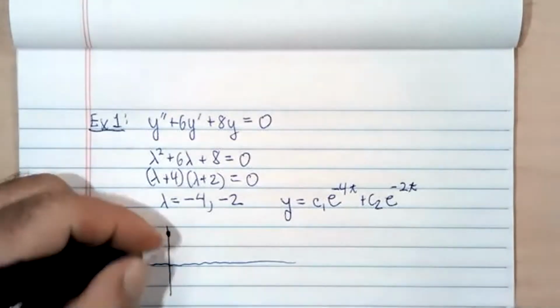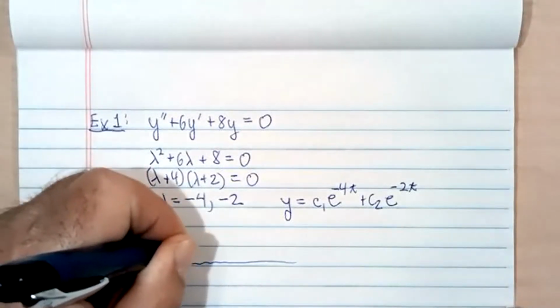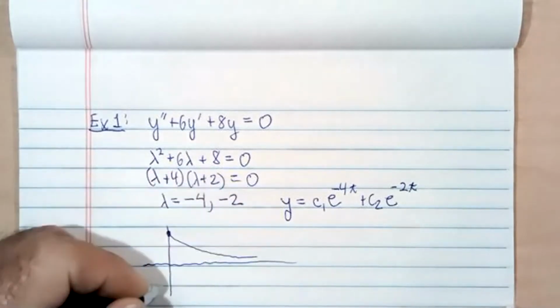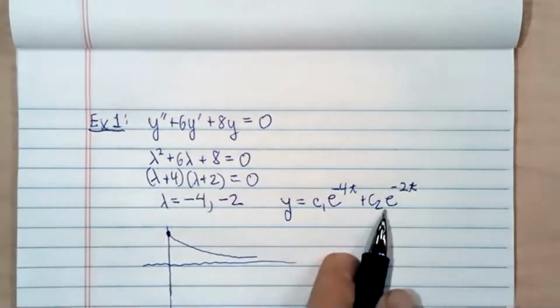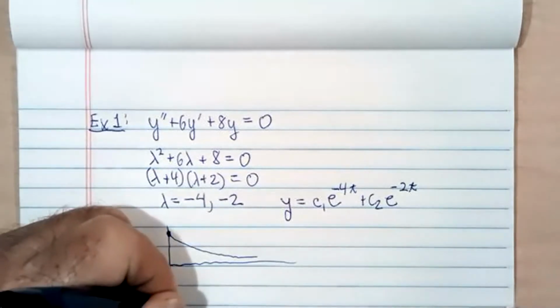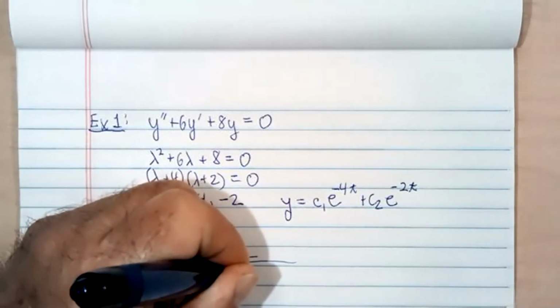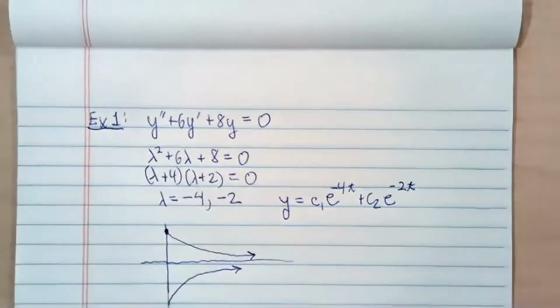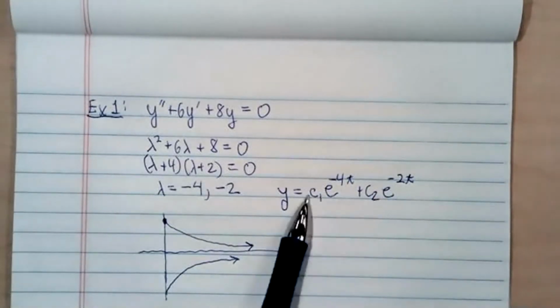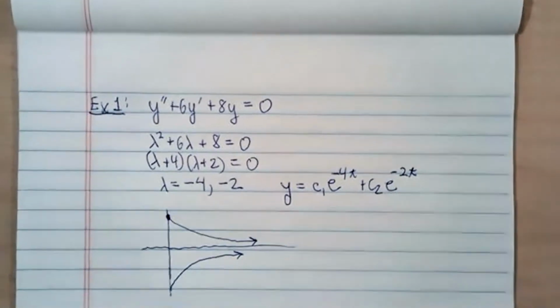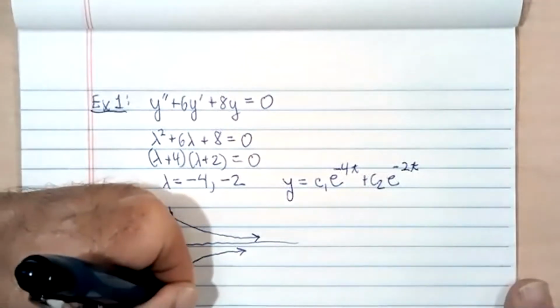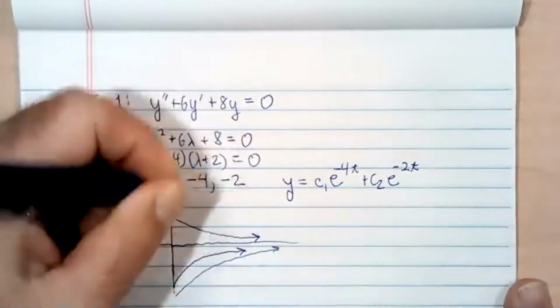So what's going to happen is this is just going to decay down like that. And the same thing is going to happen if you take negative values of C. Of course, there's subtle differences in the shape that come from taking non-zero values for both C1 and C2. But basically, you have a family of curves that does something like this.